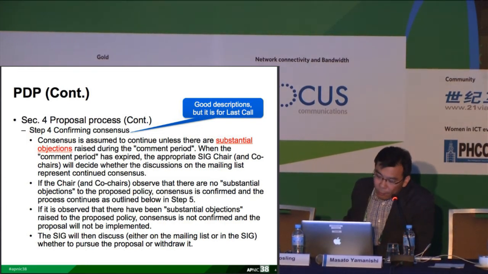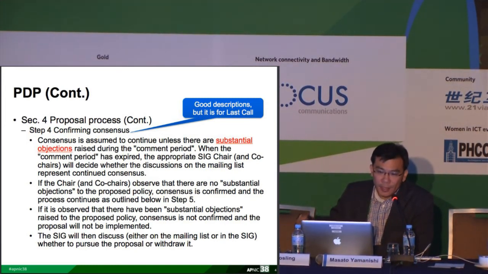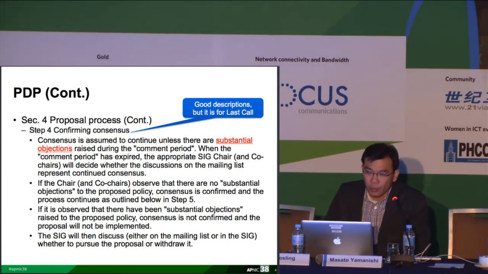It doesn't say what substantial objections are, but at least it mentions what the trigger is for breaking consensus. But as I said, it's not consensus at the OPM. It is consensus for the last comment period.